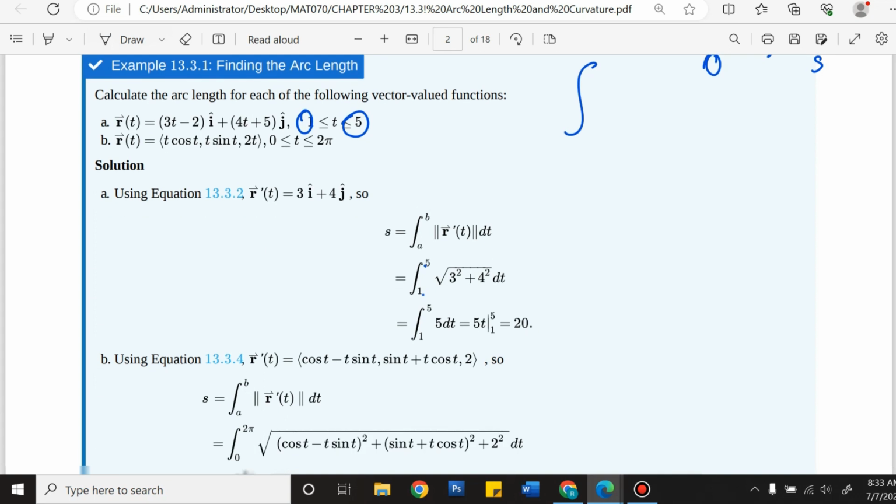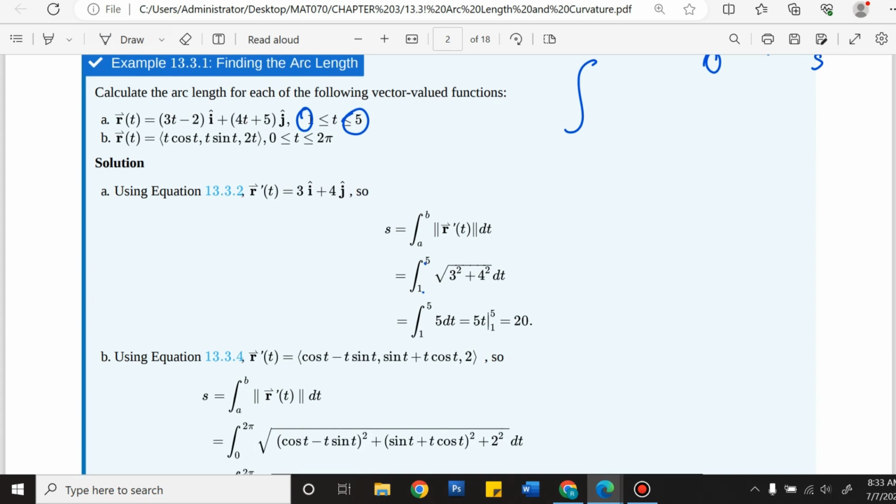The same idea applies for our definite integral. Now, this is our x and this is our y, right? These are our vectors. So, first, we have the first derivative of 3t minus 2, that is 3.